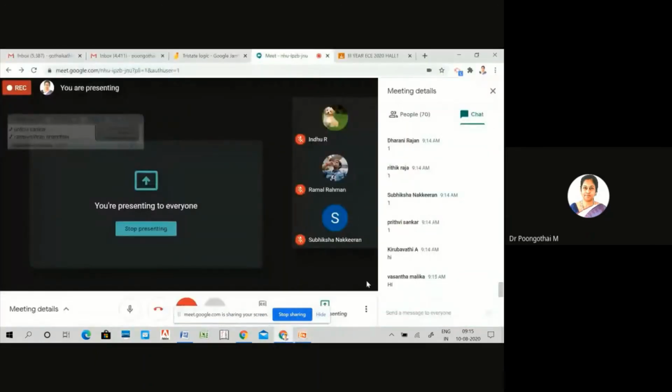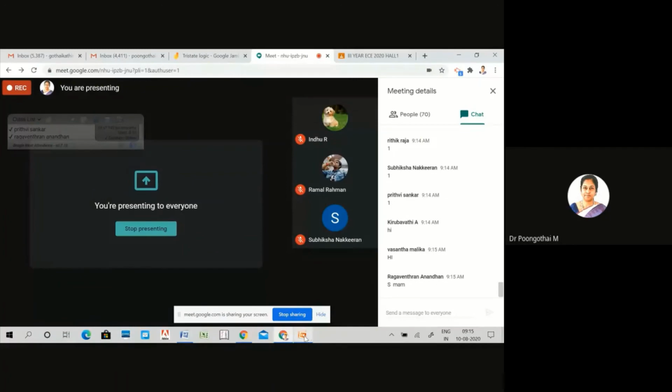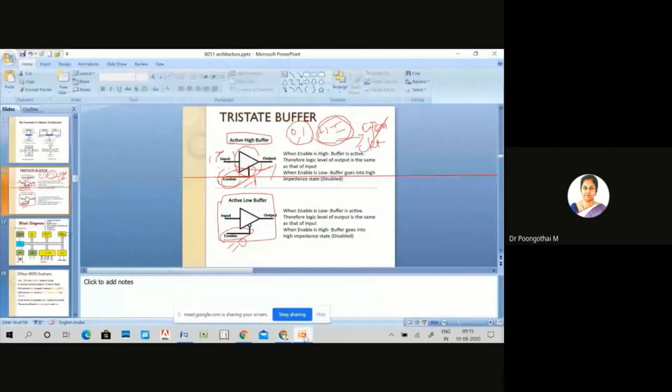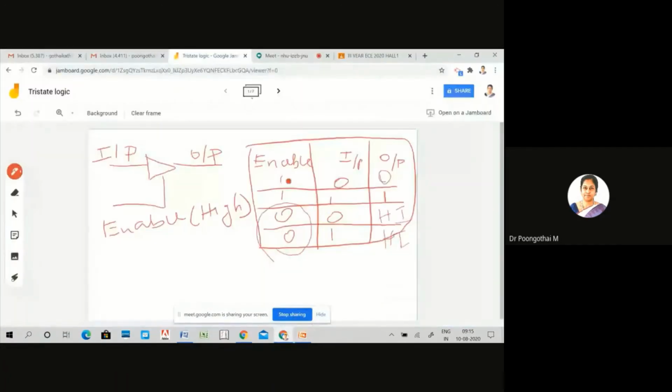Do you understand now? Yes or no? Do you understand the table? Tri-state logic table. So 1 means the particular enable pin is activated, high. So it acts like an ordinary logic device. Whatever you are giving here will be reflected in the output pin.